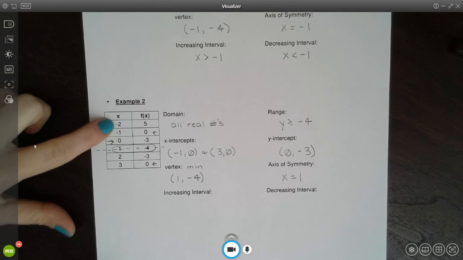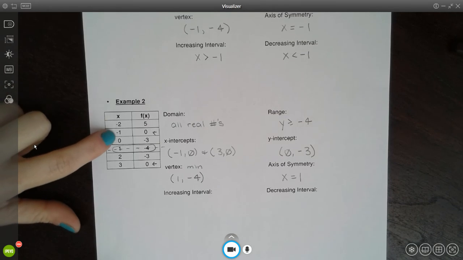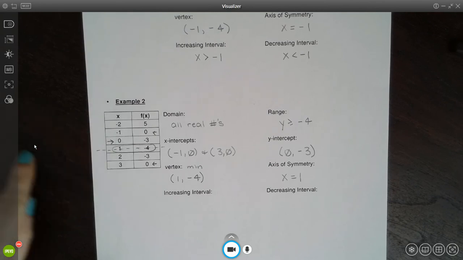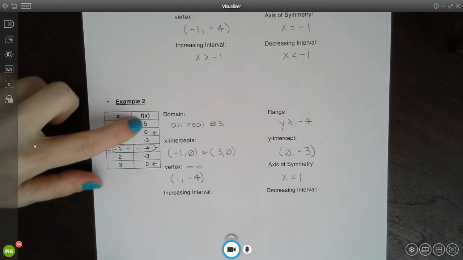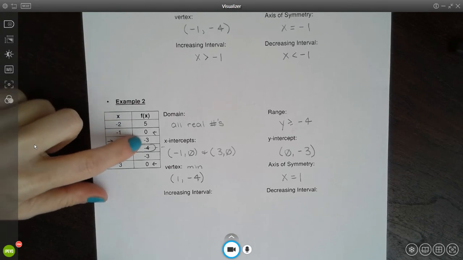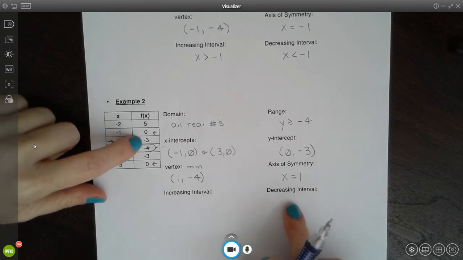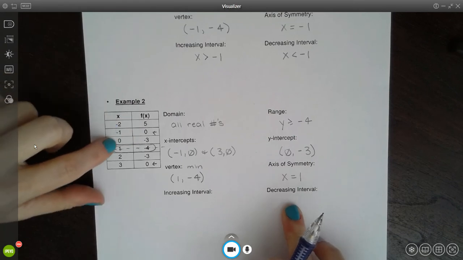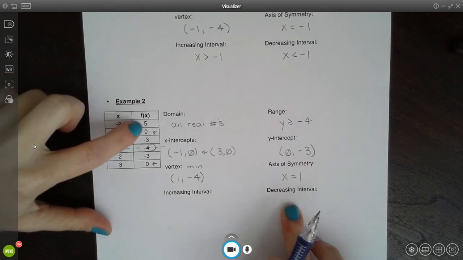So as I'm going down my table and my x values are getting bigger, which would mean I'm moving from left to right on my graph, here my y values are getting smaller. So that tells me that's my decreasing interval, because as x is going up, y is going down.